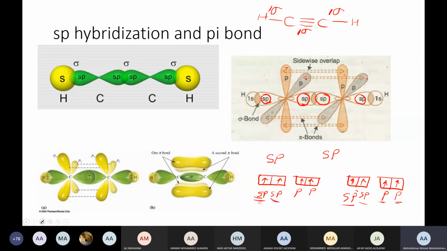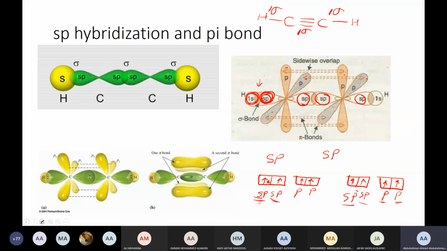Now we want to see how the orbitals are going to interact. The sp of this carbon will interact with what? No, now the one I'm drawing here, this sp will interact with what? Yes, with hydrogen, and they will make the bond. Clear?